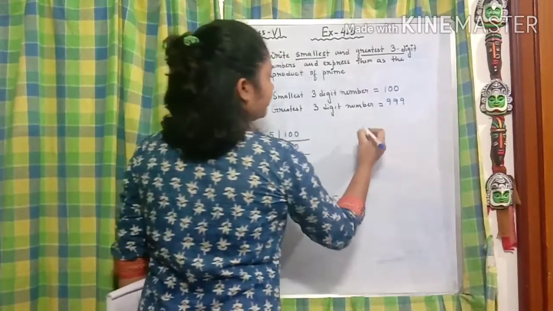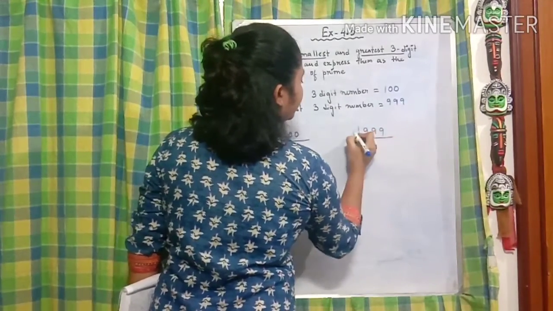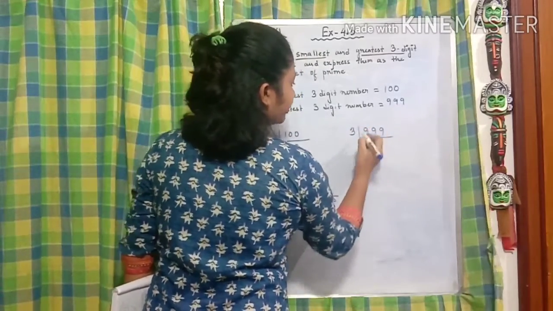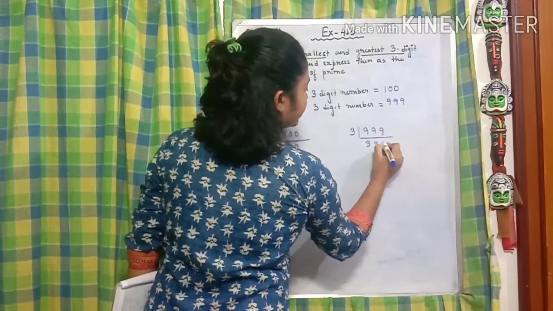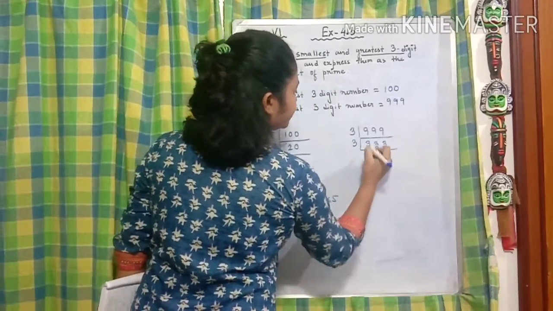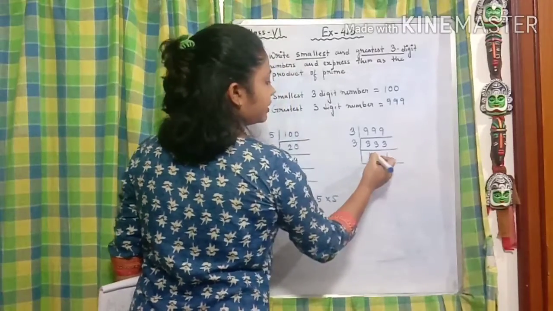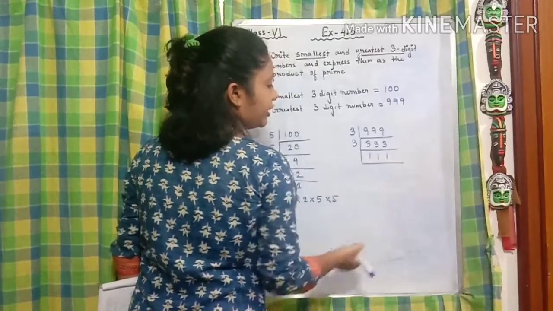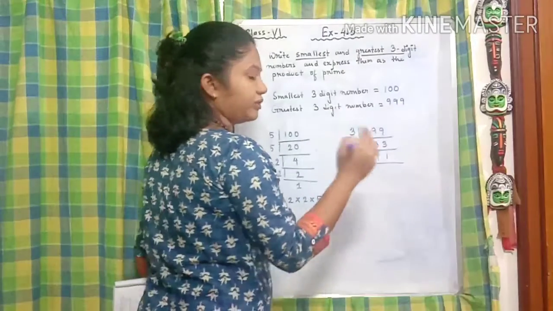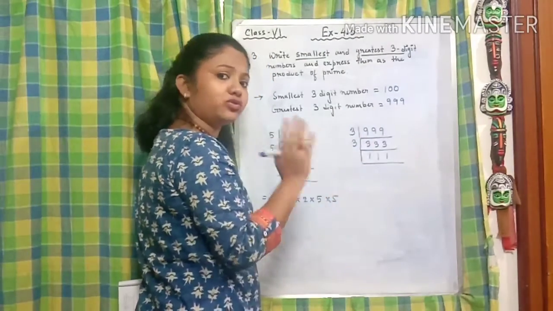Coming to 999, how are we going to do it? There is a 9 at the end, so 3. 3 3s are 9, we know that for all. Once again by 3, we get 111. Now when we add these digits, 1 and 1 and 1, we get 3, so we can understand that it is divisible by 3 itself.